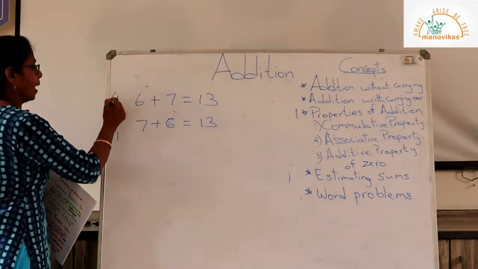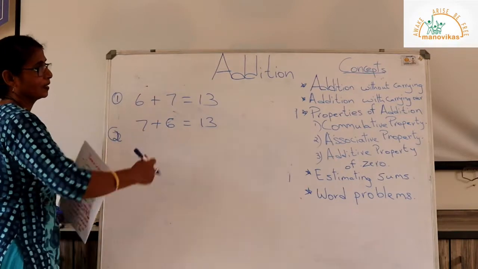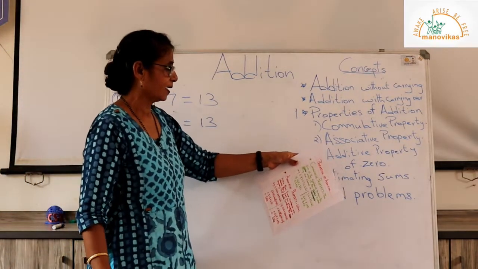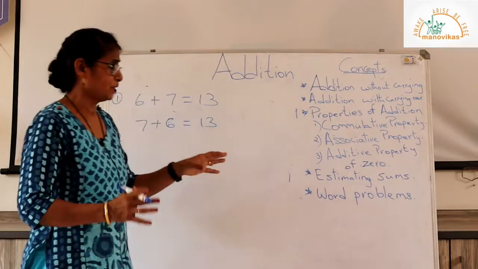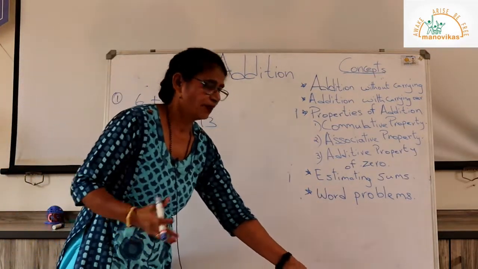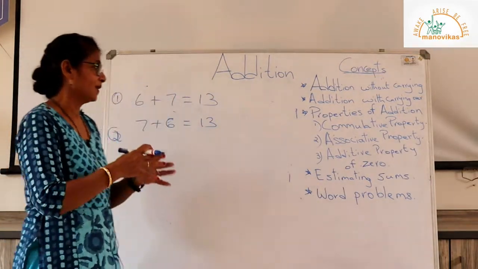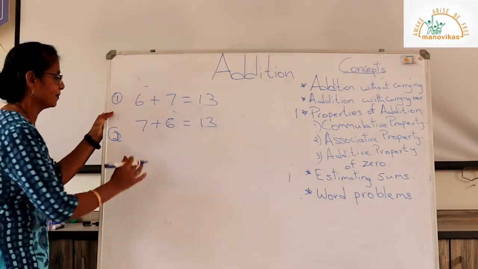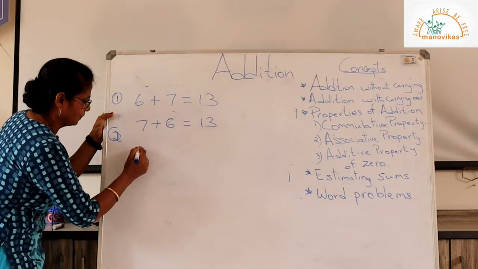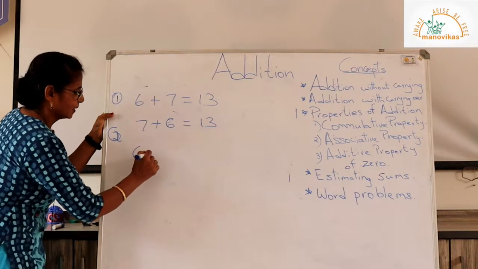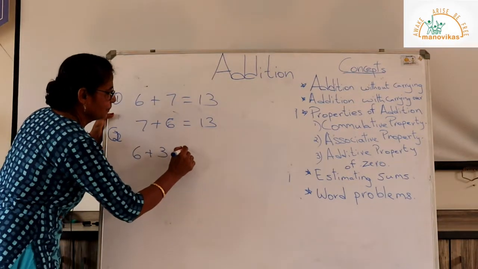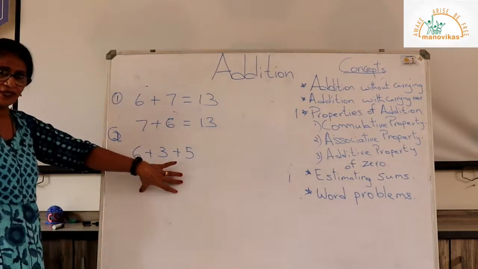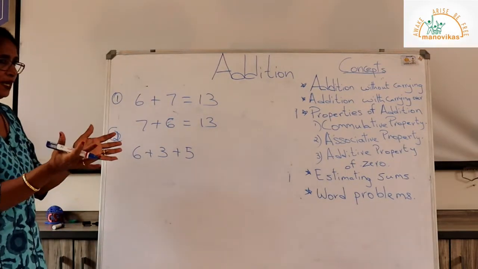In the second one, associative property, when more than two numbers are added, we can group the numbers in any order, but the sum remains the same. Let's take, for example, 6 plus 3 plus 5. Here you have three numbers and we need to group them.